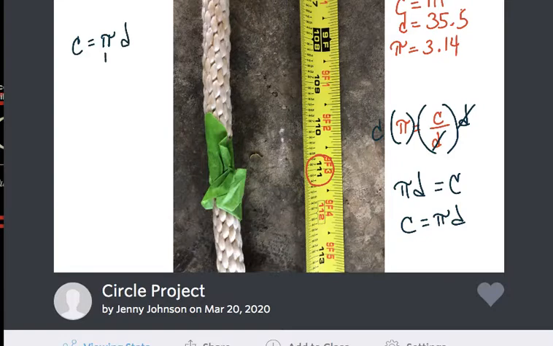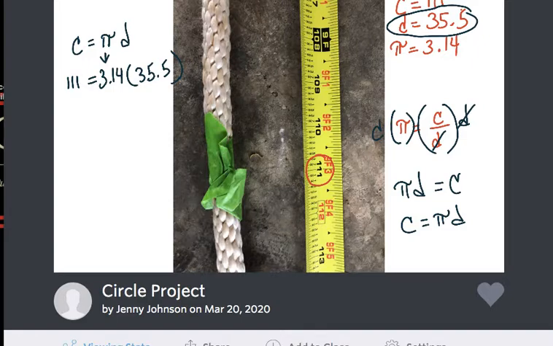We know that pi is approximately 3.14. We know that our diameter is 35.5, and we think this all should be equal to the circumference, which is about 111 inches. So now I am going to calculate that on a calculator.